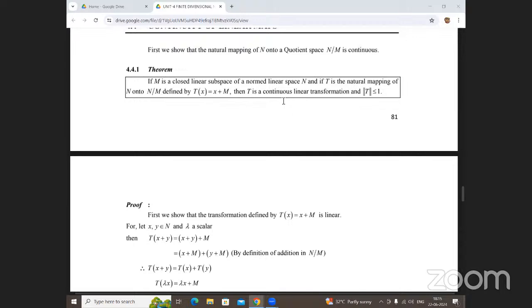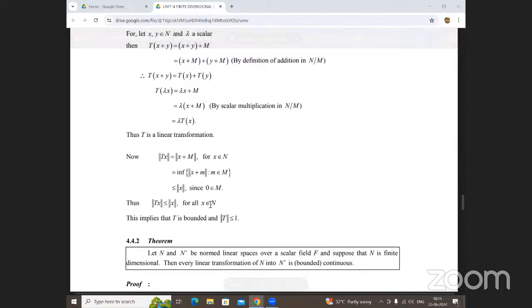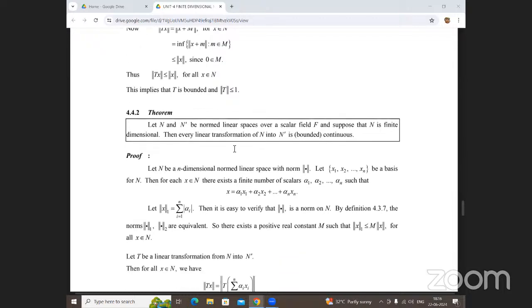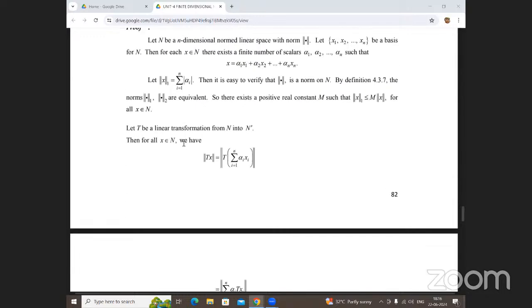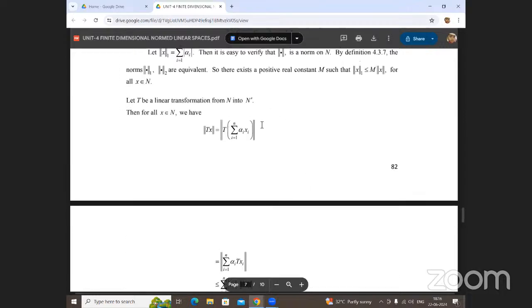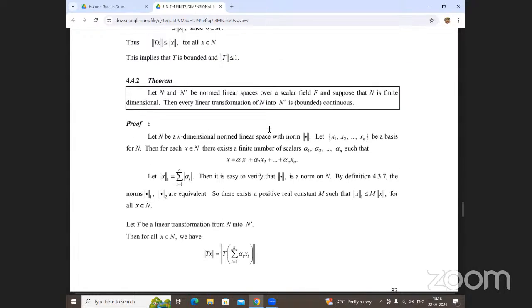What is the meaning of continuous? When the given transformation is linear and bounded, that is called continuous. Okay, simple. Now, theorem 4.4.2 is also very important, students. Please note it down.